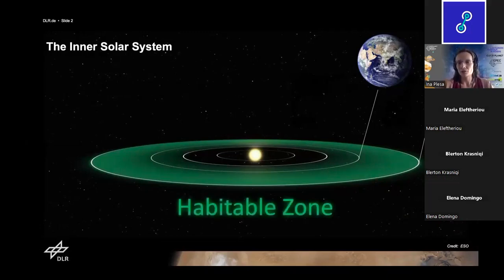The habitable zone is the region around the star where you could have liquid water at the surface of a planet. And we think that Mars has had liquid water in the past. We see signs of liquid water on the surface of Mars from the past, and we will see this in more detail in the presentation later on.